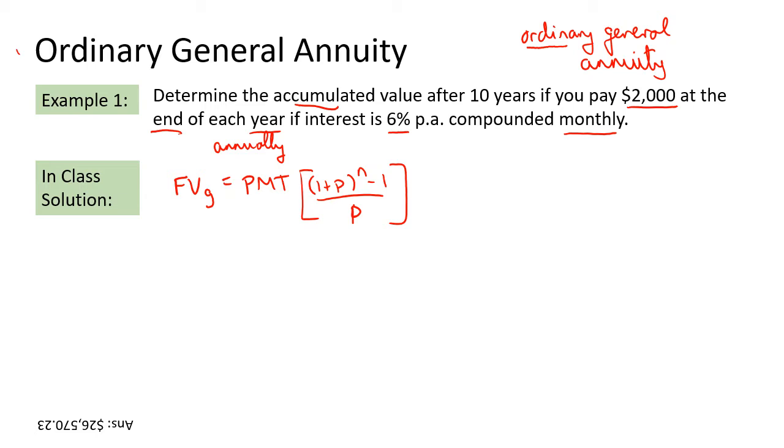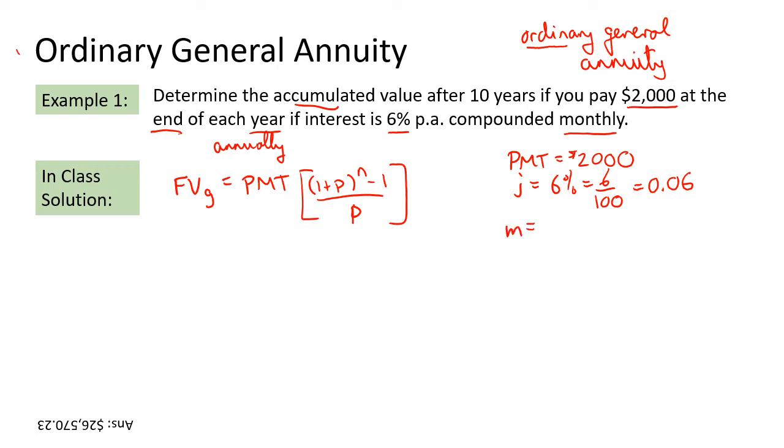So there's a couple terms that we need to find here. Okay, first, our payment. In this case, we know it's $2,000. It's given in the question. And now we do the same steps that we've done before. All right, we know that our nominal interest rate, J, is 6%, which is 6 divided by 100, removing the percentage sign, or 0.06.